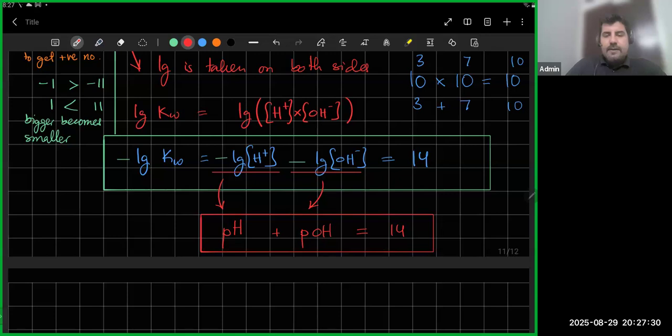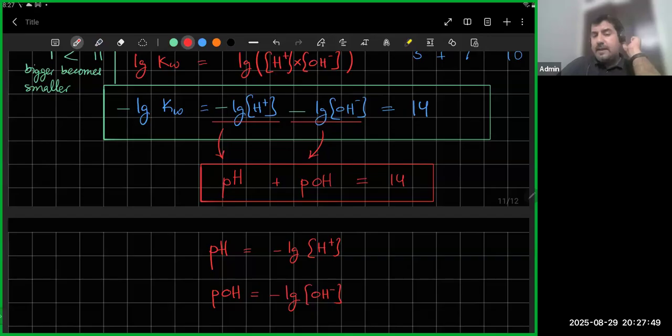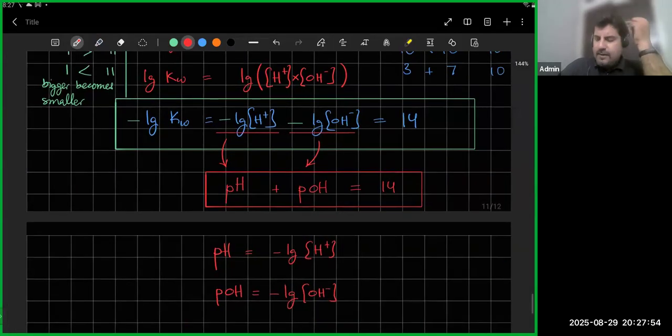Okay? So remember, pH is what? pH is the negative log of the concentration of H plus 1 ions. And what is pOH? That's the negative log of concentration of OH ions. Now, normally you never really hear about pOH.